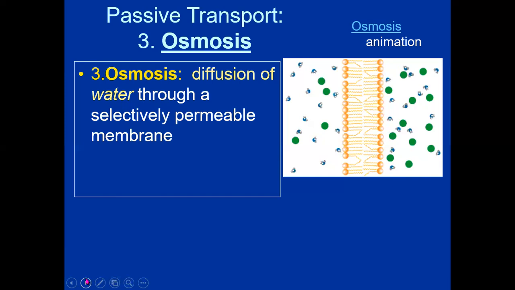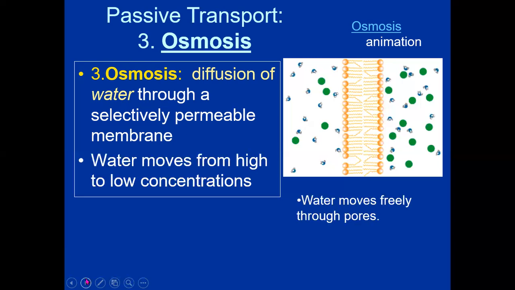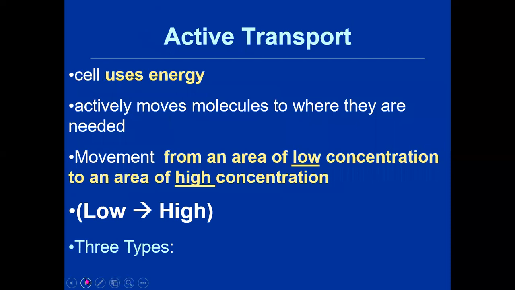So since it's diffusion, it means that the water molecules are moving from a region where they are in high concentration to a region where they are in lower concentration across a selectively permeable membrane.